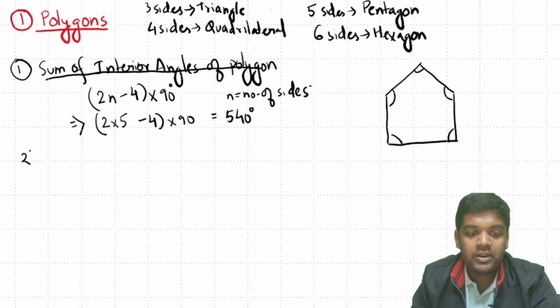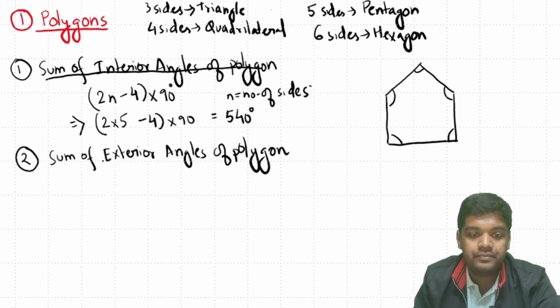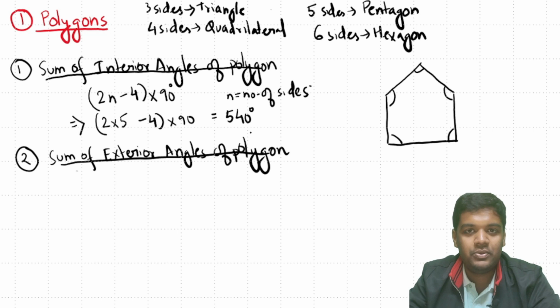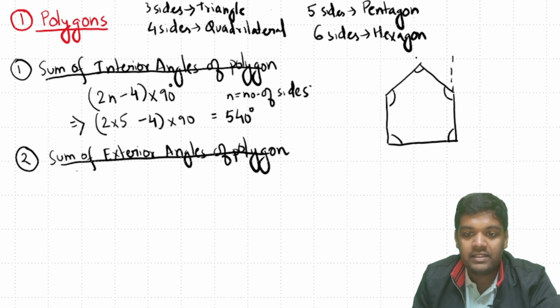There is one more property of a polygon, sum of exterior angles of a polygon. Right. Now, this is a very logical thing to visualize actually. Say any polygon is there, and by exterior angle, I mean you just have to extend all its sides like this.